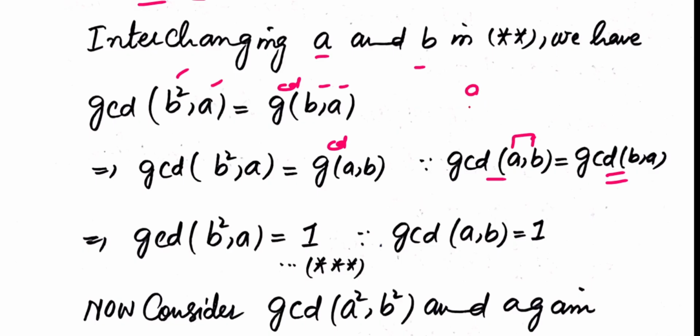For example, GCD of 3 and 4 and GCD of 4 and 3 both are equal.